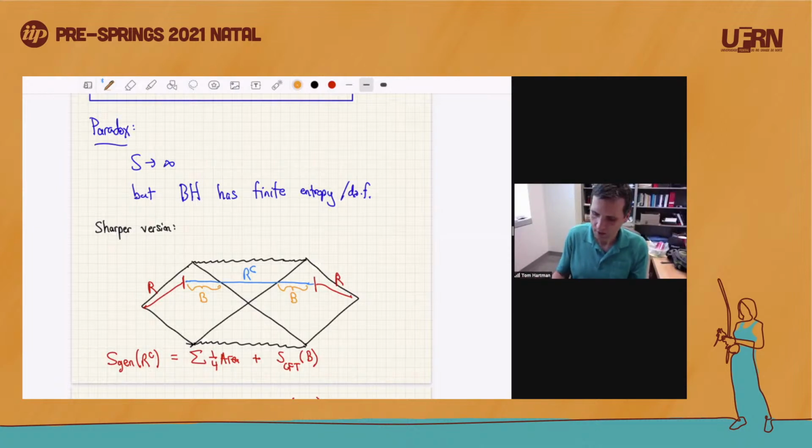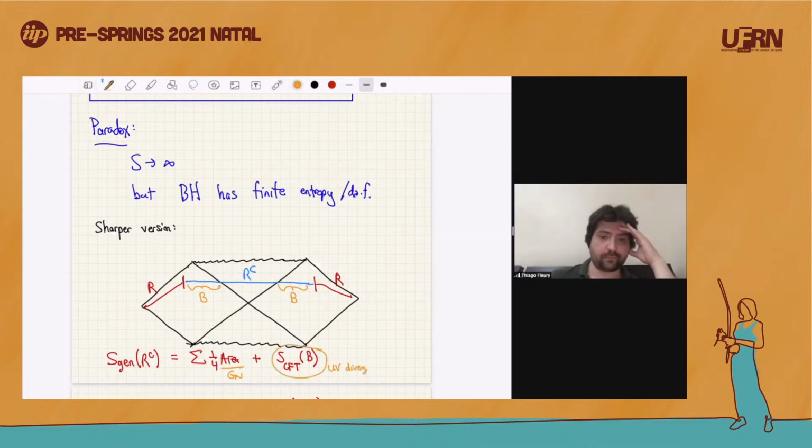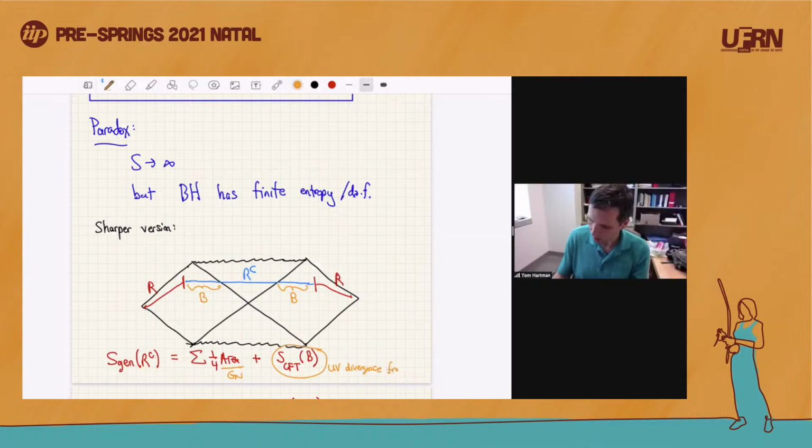Now, here's where the renormalization of Newton's constant enters. There's a 1 over G Newton in the area term, and there's a UV divergence from the horizon in this matter entropy of region B. Those two things cancel completely.